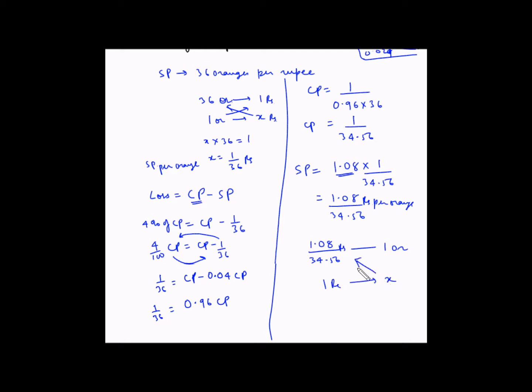Now let's do a cross multiplication. So x multiplied by 1.08 divided by 34.56 is equal to 1, or x is equal to, so we take this on the other side, 34.56 divided by 1.08.